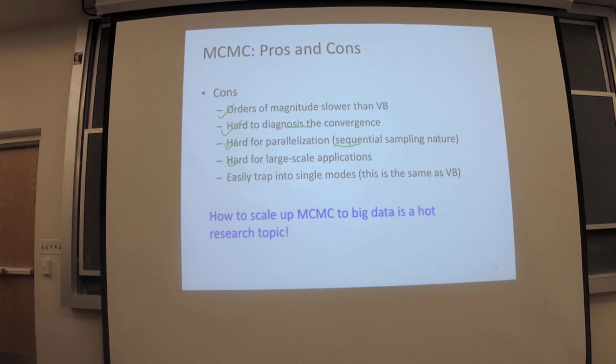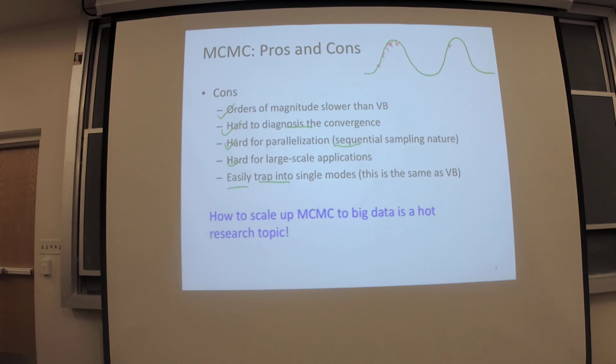And the last problem is that it is easy to get trapped in a single mode. This is not only an issue of Markov chain, it's actually an issue of all approximate inference methods. So basically, if your true distribution is like this, you have two modes, and if you use Markov chain and it jumps into this mode, it's very hard for your sampler to jump off this mode to enter this other mode.